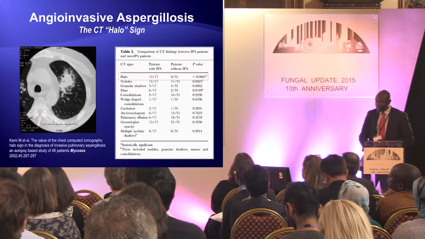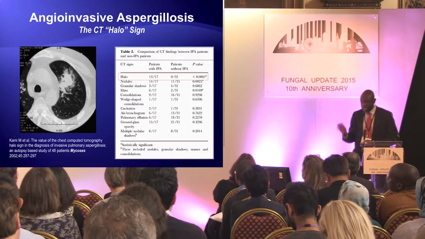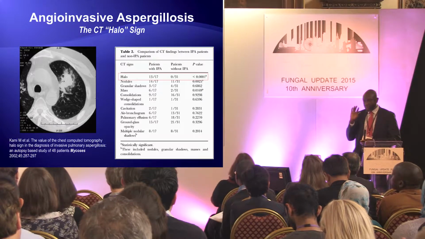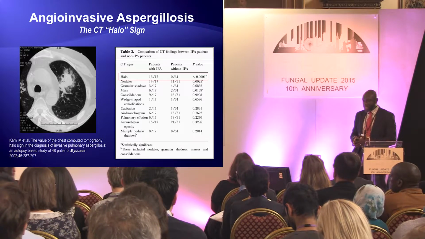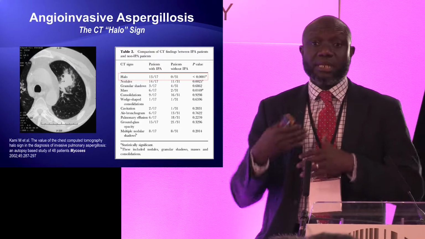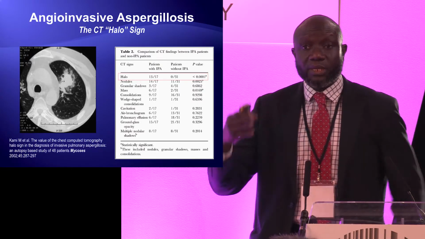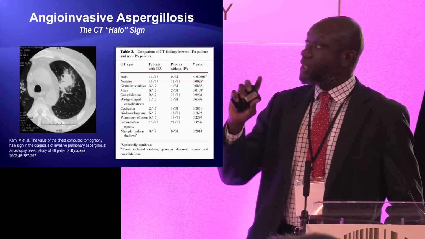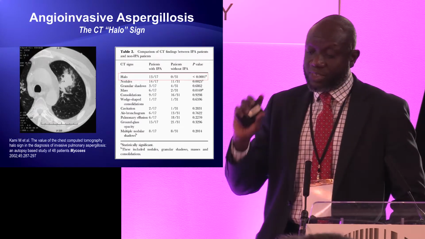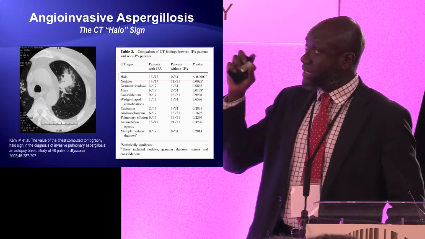Okay, so despite all the problems, we're now using HRCT in a slightly different way because of the multi-detector machines that are available. You can rapidly scan the whole lung and do very quick reconstruction using very thin slices that allow you to see in fine detail the morphology of the lung.